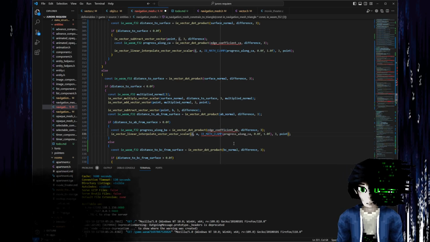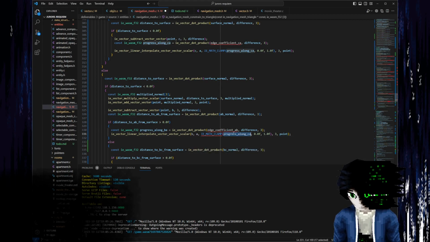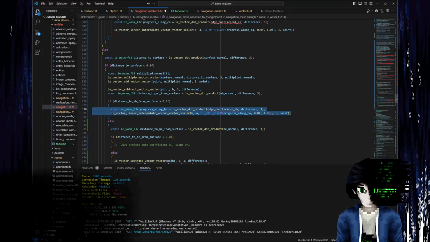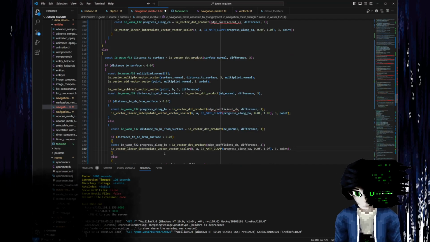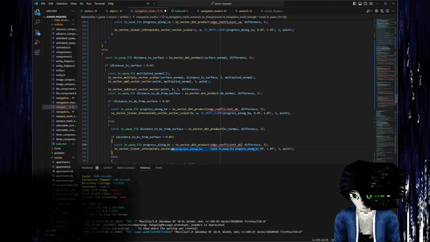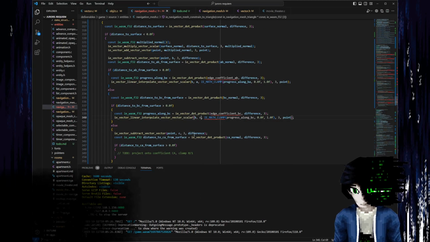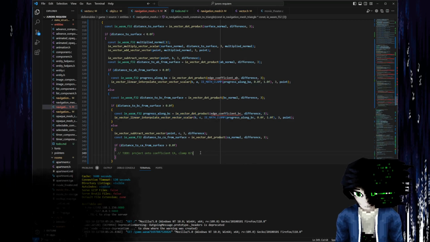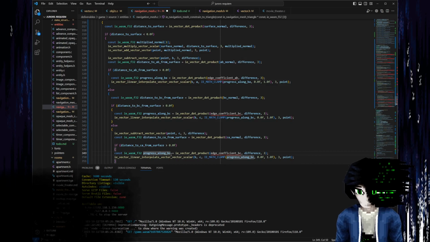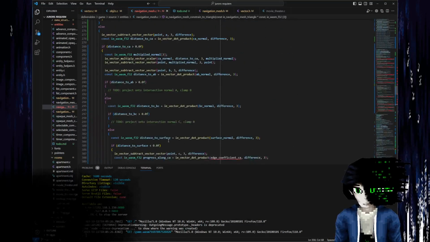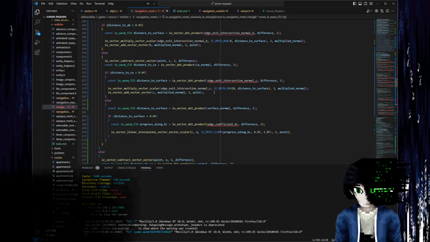We're going from B to A, using that progress. Dead easy. If this works first time, I'm not even gonna know. Something's definitely wrong if this works first time. Is that all the branches covered? Oh, not quite. We missed a couple there. We'll figure those out in a second.